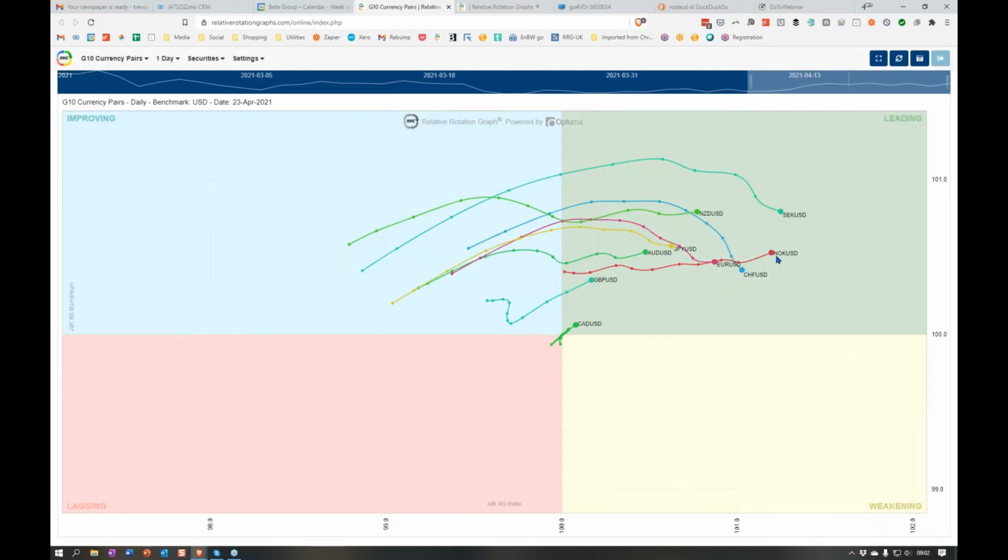So from a relative point of view, it's a strong currency. Euro here, New Zealand dollar there, Japanese yen, Australian dollar, pound right back in here. So trailing, so given choice, you'd be better off with other things than the pound and the Canadian dollar right over here. These are the G10 currencies, of course.